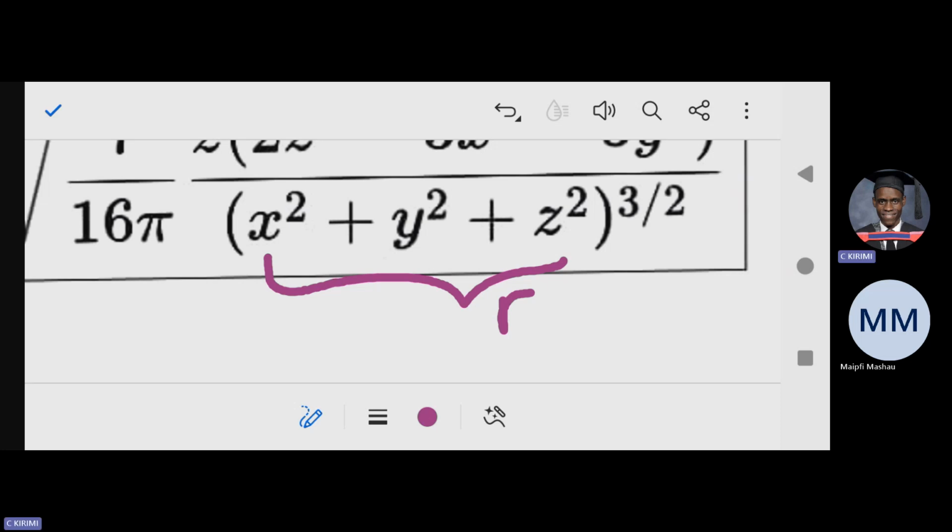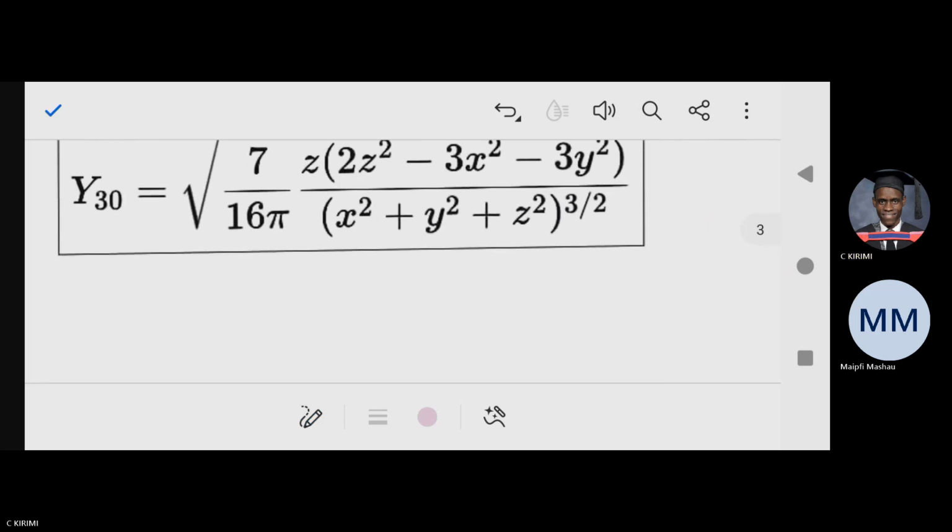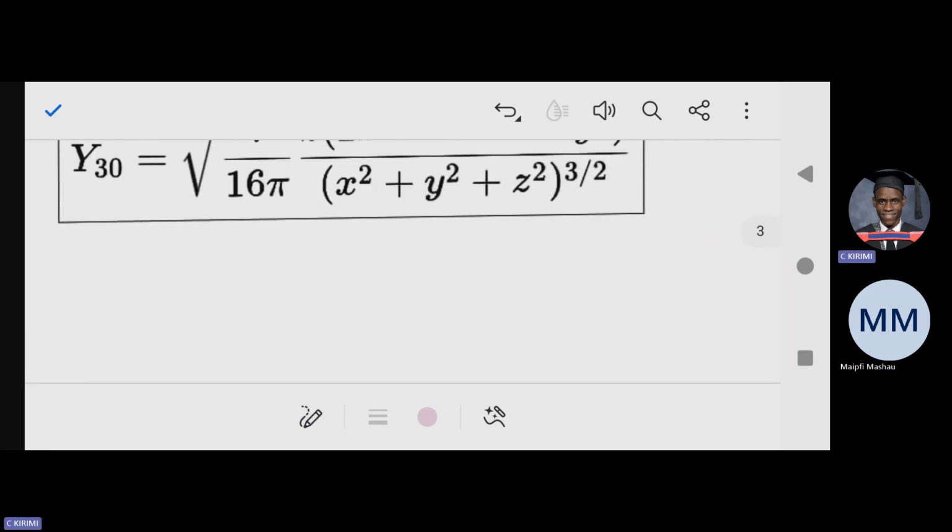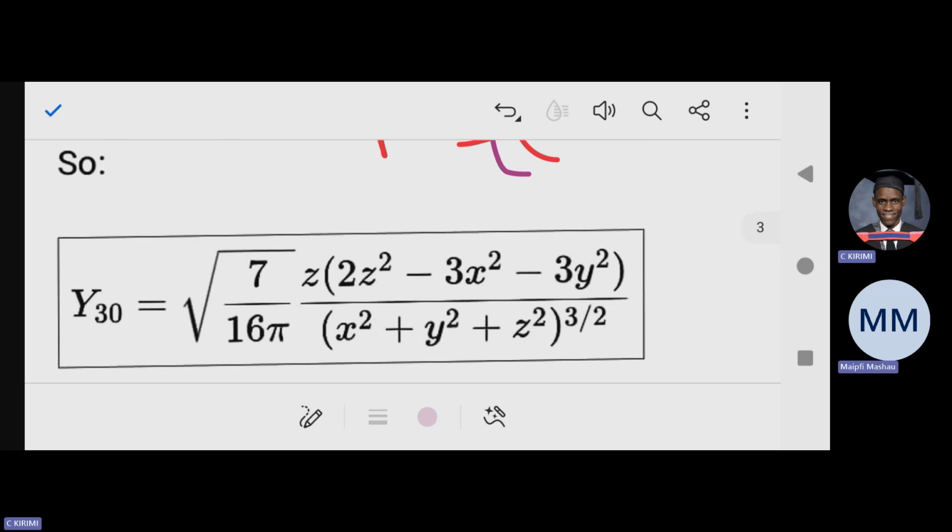We are trying to see if we can simplify it any further, but this is the end. We can't go any further.